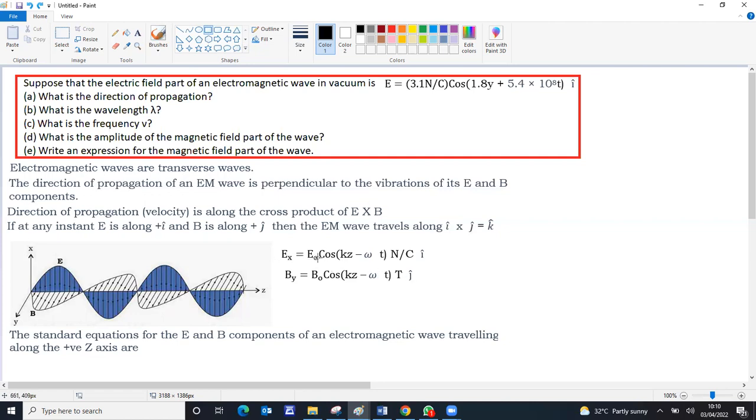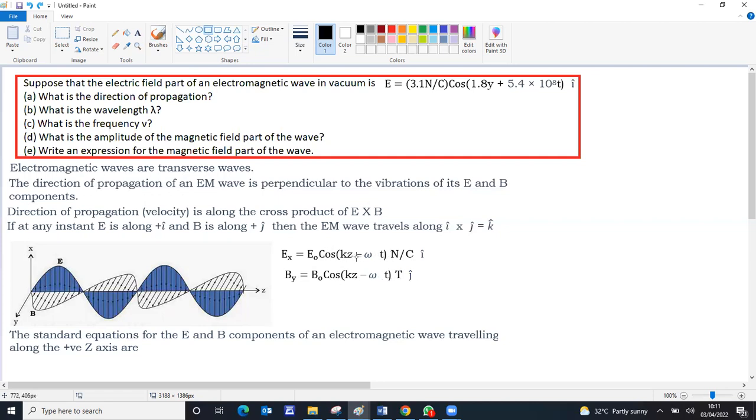It is E0 cos(kz minus omega t), because z is the direction of propagation. The unit is Newton per Coulomb for the electric field. For the magnetic field, the unit is Tesla.